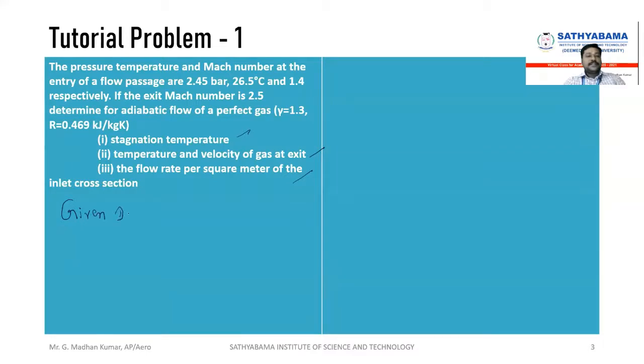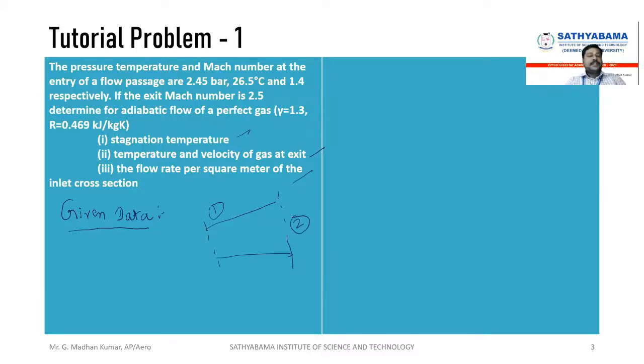This given data. So what I said, we know about the entry flow passage. If we consider this is a flow passage, we have the entry section, section 1, and the exit section, section 2.